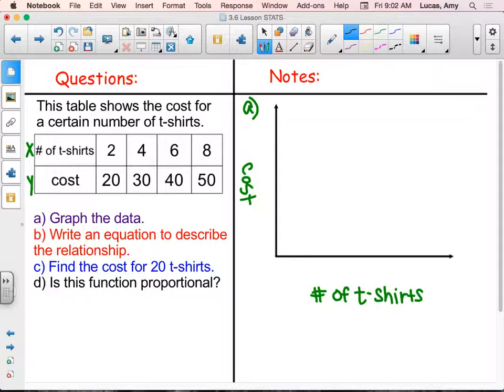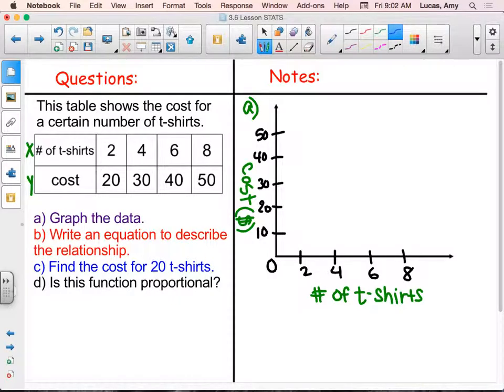So the cost depends on the number of t-shirts, that makes sense. So 0, 2, 4, 6, and 8 for t-shirts. And then the cost, 20, 30, 40, 50. So I need to go by tens. So 10, 20, 30, 40, 50. So this is cost in dollars.